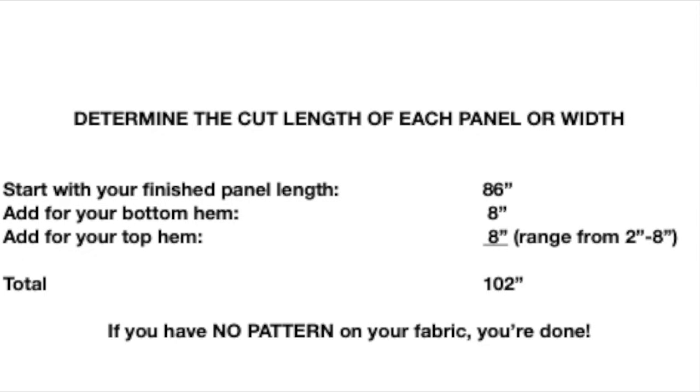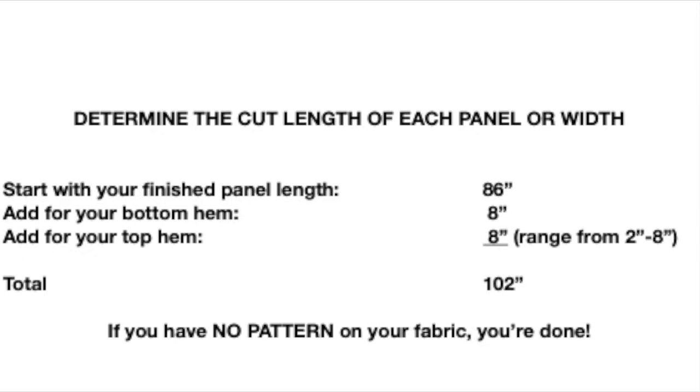And for most types of grommet top panels, you're also going to need 8 inches. Both styles use a double 4-inch top hem. This is going to vary depending on exactly what type you're making, but this is the general range. And if you estimate 8 inches, you're going to be covered no matter what.